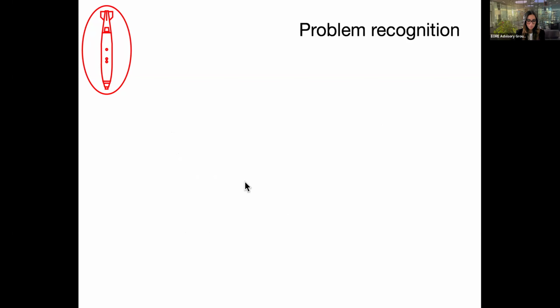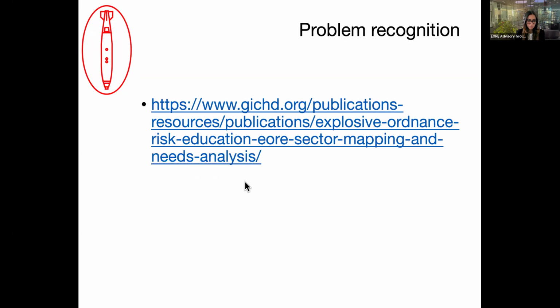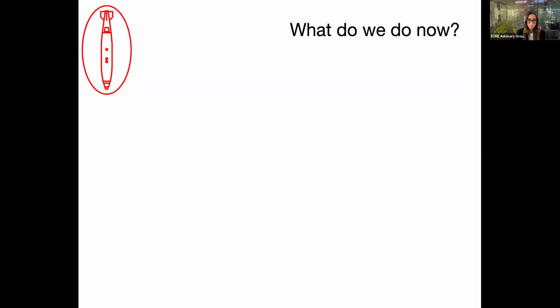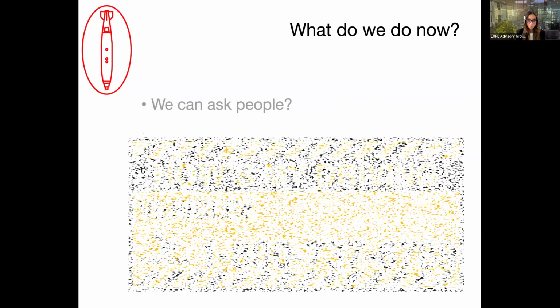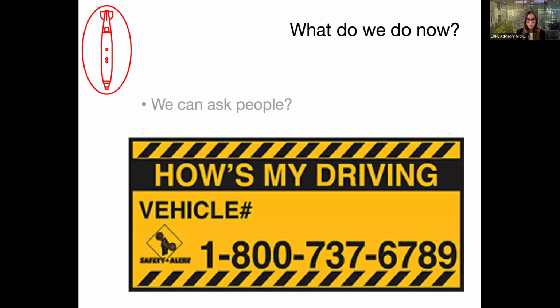So, recognizing the problem, the Geneva Center published a global sector mapping and needs analysis, and this problem was recognized in that needs analysis, that we need to understand how to measure our results better than we currently do. What do we do now? Well, quite often we ask people, like this, how is my driving?